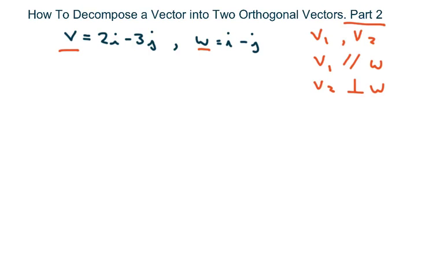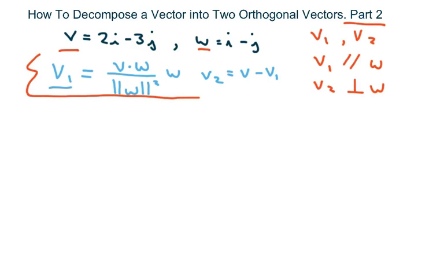So you're going to use this formula whereby, to get your V1, do the dot product over the magnitude of W squared times W. And then V2 is you merely subtract your result here from your original vector. And then you'll have this. So we're going to do the first one and just keep in mind these formulas here, okay?